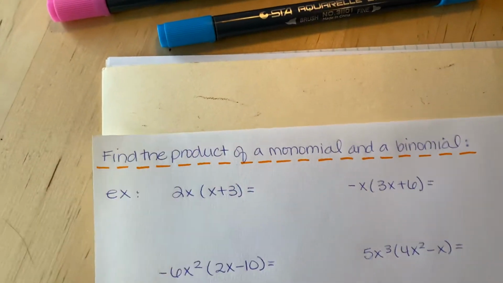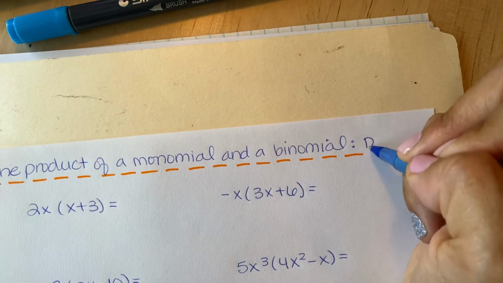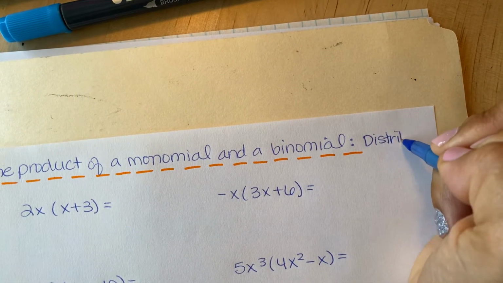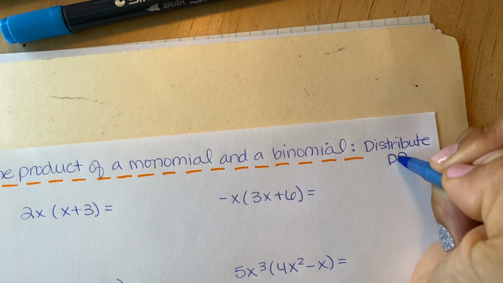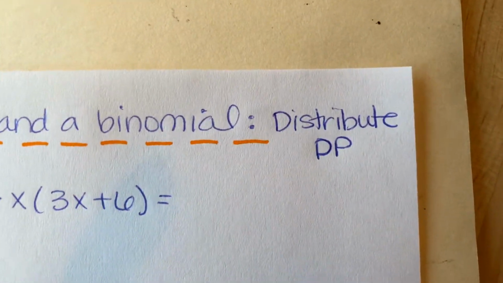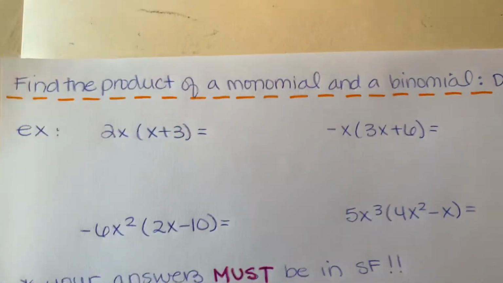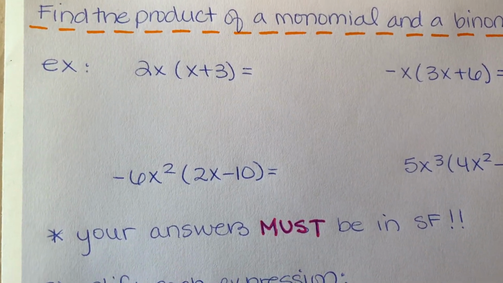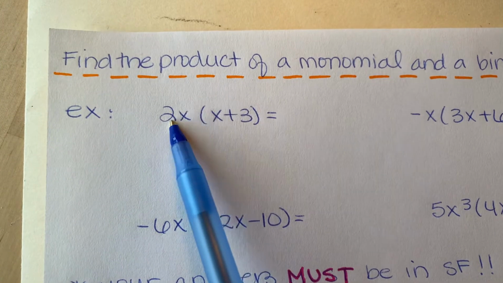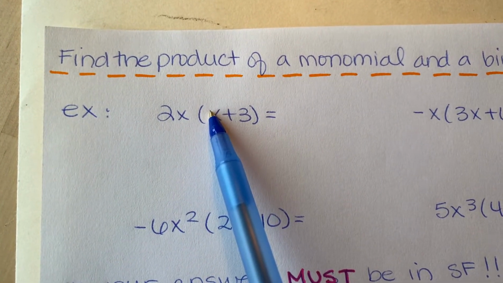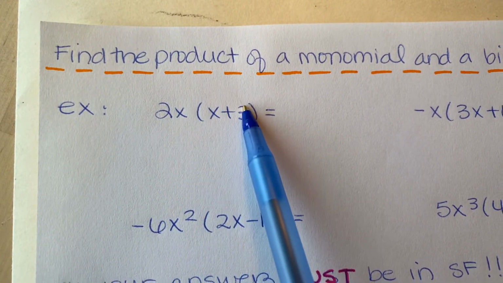I don't even have it written here, shocker. You're going to distribute, right? So distributive property, which is all it is, repetitive multiplication. So I'm going to multiply and then repeat, multiply.